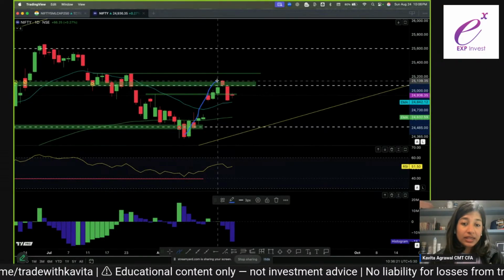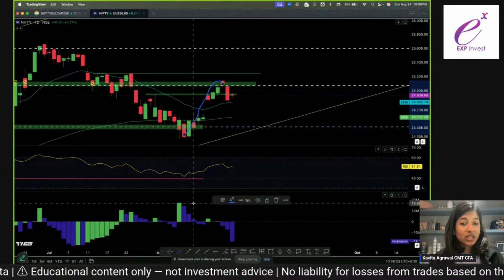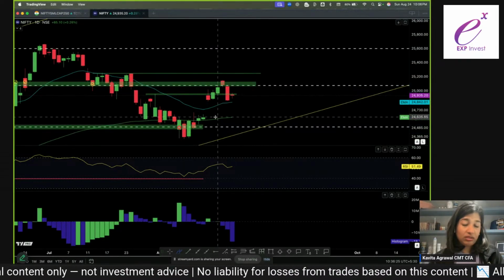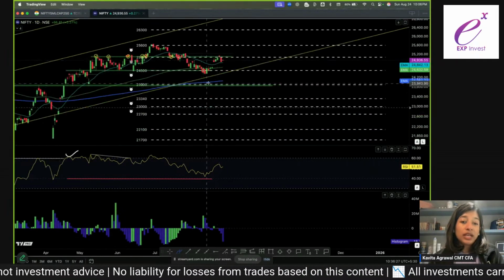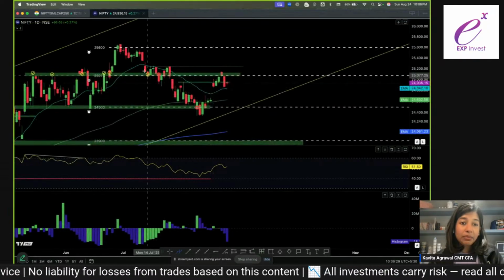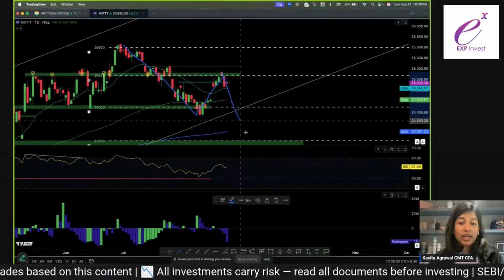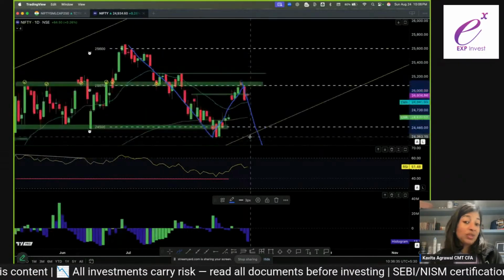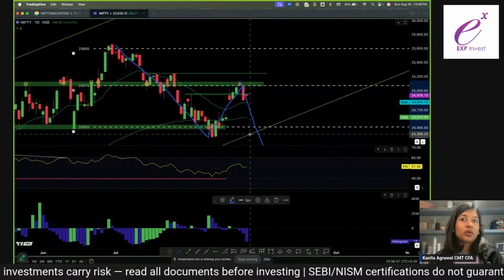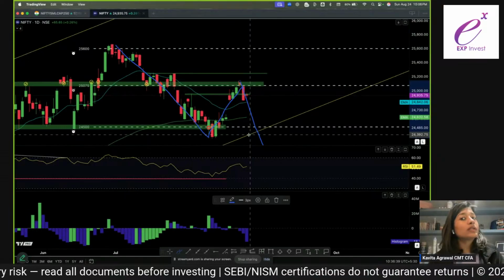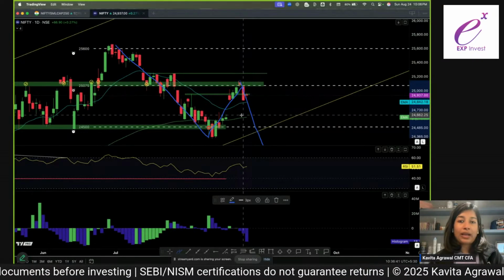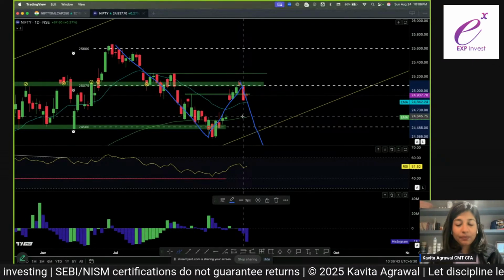And this rally that we've seen has not seen any volume pickup. That concerns me. This might be an indication that this is just wave A, this might be B, and we can expect more correction, which means that it is important to have strong risk management applied on your active positions.